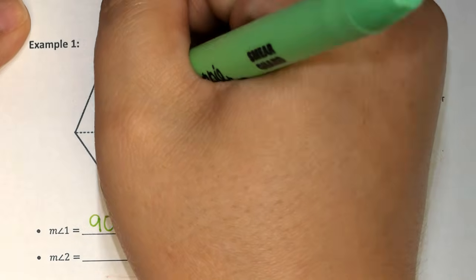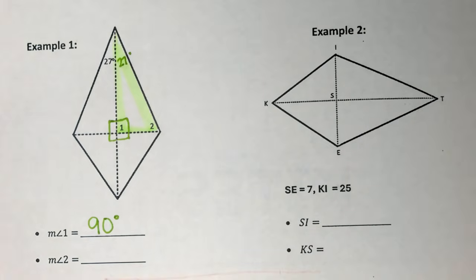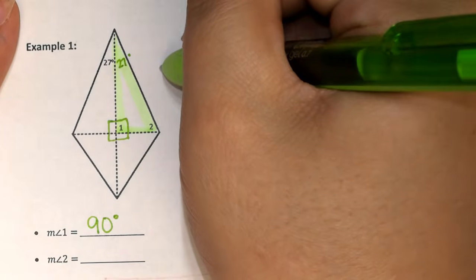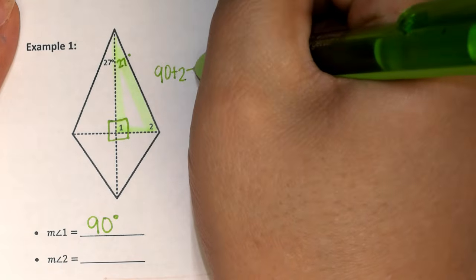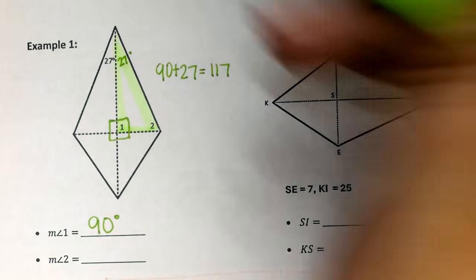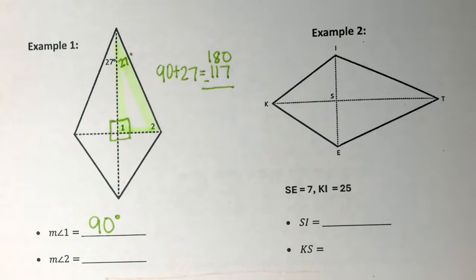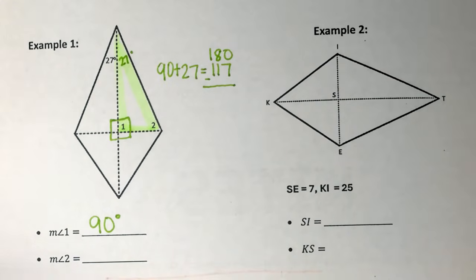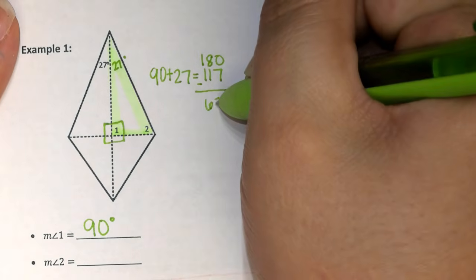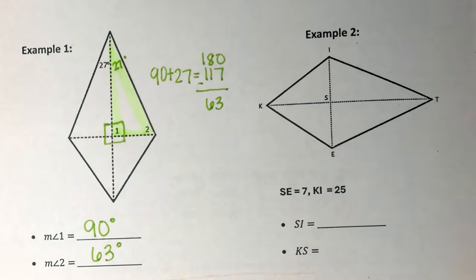Do you agree I have a right triangle right here? So I can add 90 plus 27, and then subtract from 180. What is 180 minus 117? 63. And if you just put 63, I'm going to count points off. Degrees. Thank you.